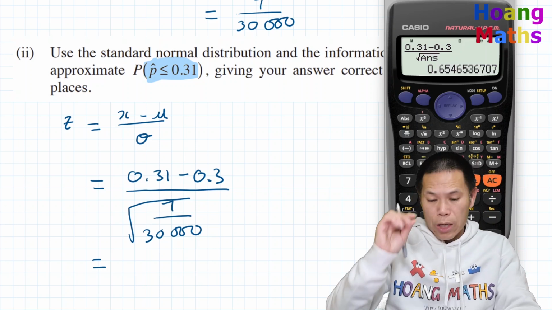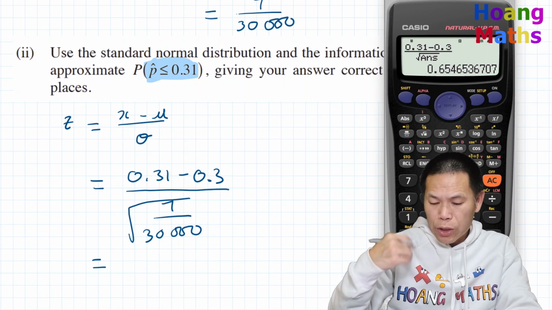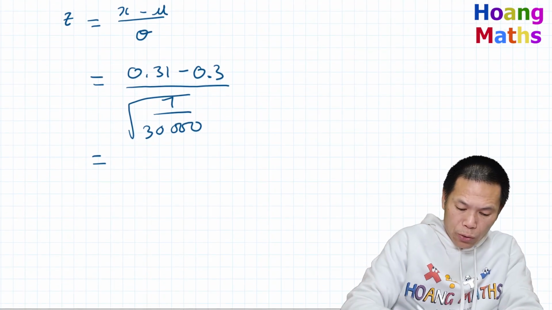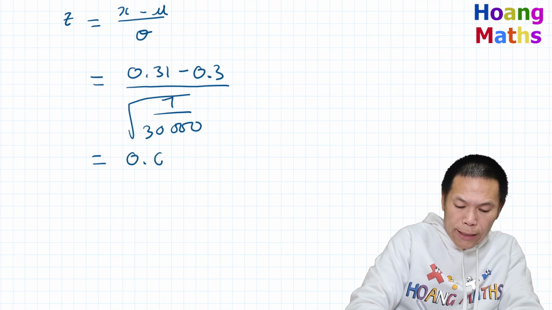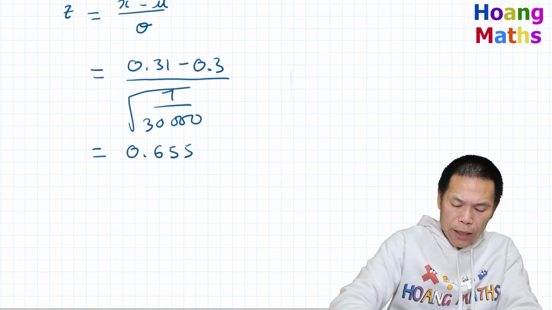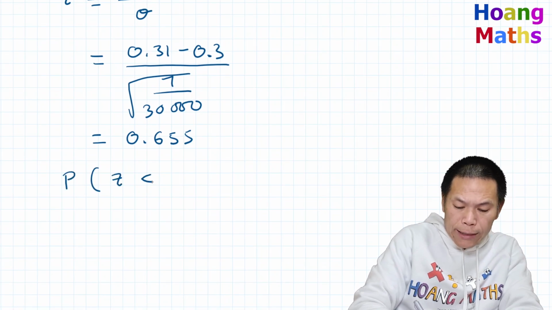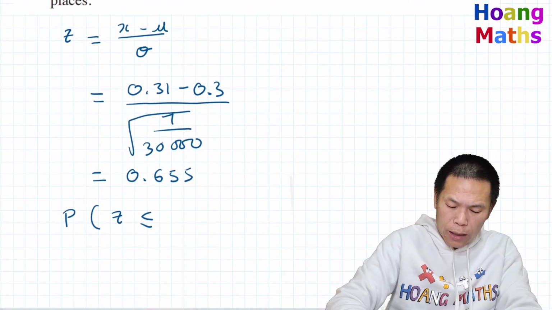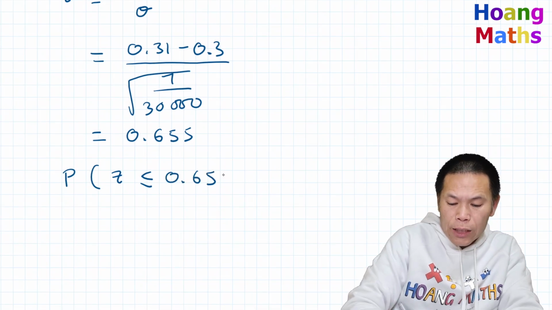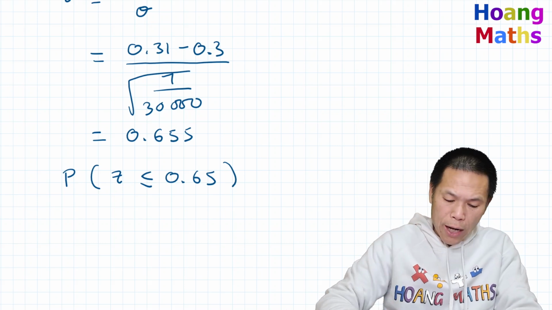So there you go, 0.654 and so on. So we just write down 0.655. So this means that we need to find the probability of z less than or equal to 0.65. Since the table only gives us up to 2 decimal places, we can just write it like that.